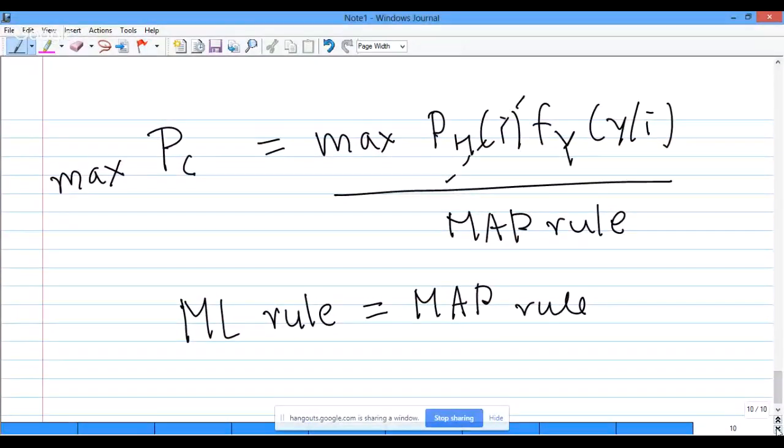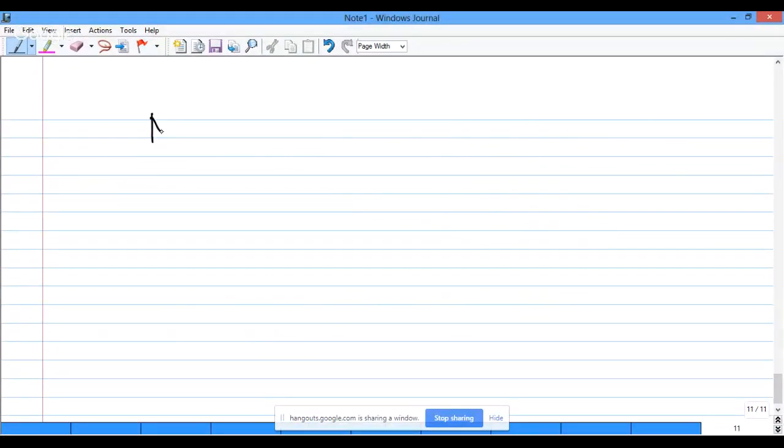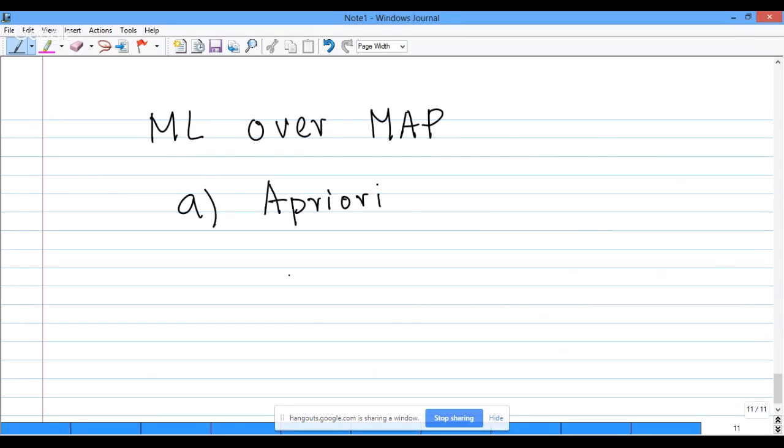One more point. Why should I choose ML over MAP? We normally use this ML detection rule because these a priori probabilities are not known.